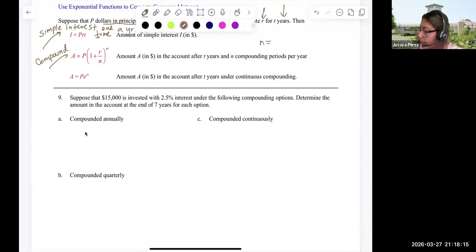So when N is 1, that would be annually. When N is equal to 4, that's quarterly. When N is equal to 12, that means monthly. When N is equal to 2 is semi-annually.